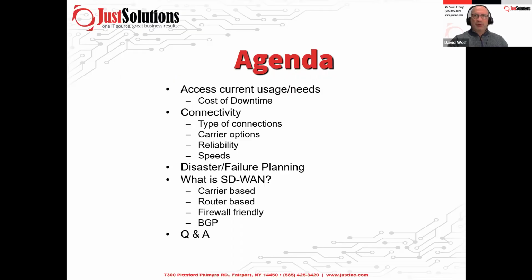It's not really new, but I'll explain it in lay terms so everyone knows what SD-WAN stands for, what it means, and what the different options are. I'll also explain some other acronyms like BGP and things of that sort. I'll try to demystify it so you can actually understand it and make good business choices and decisions based on that. And then again, questions and answers at the end.